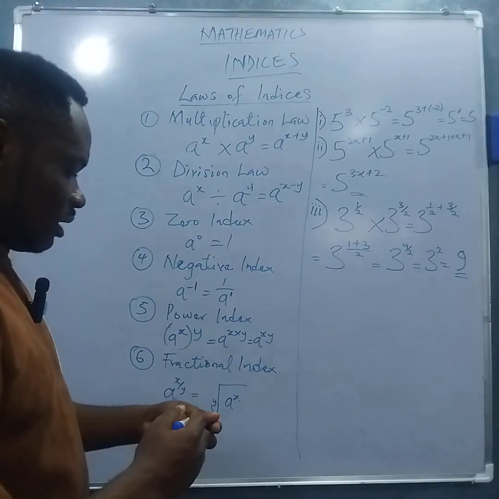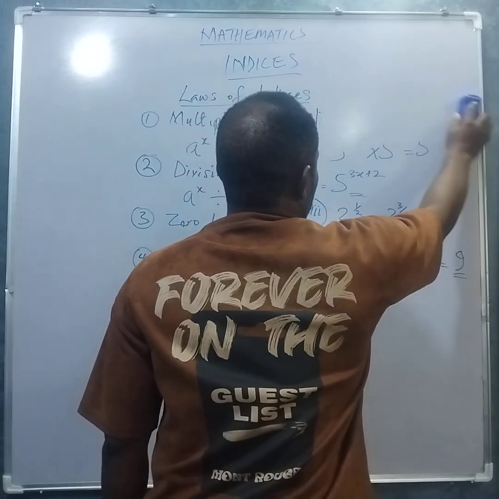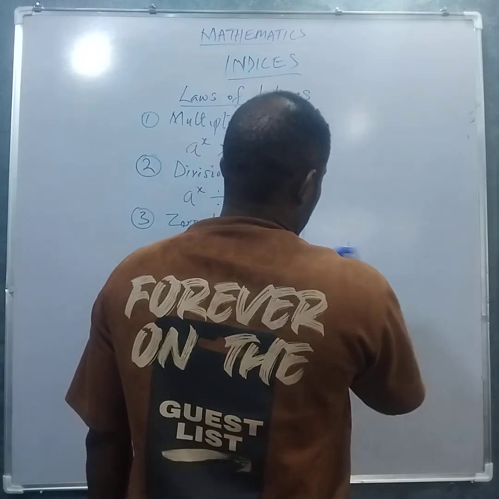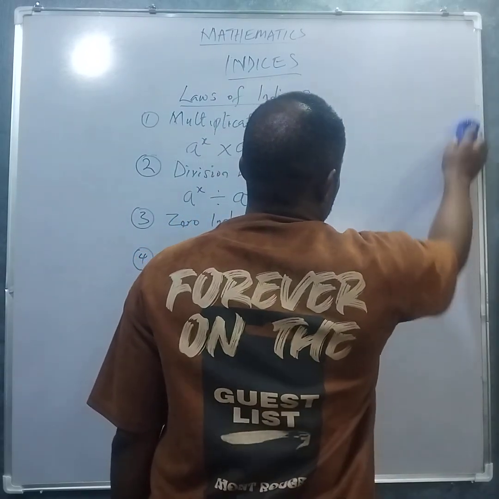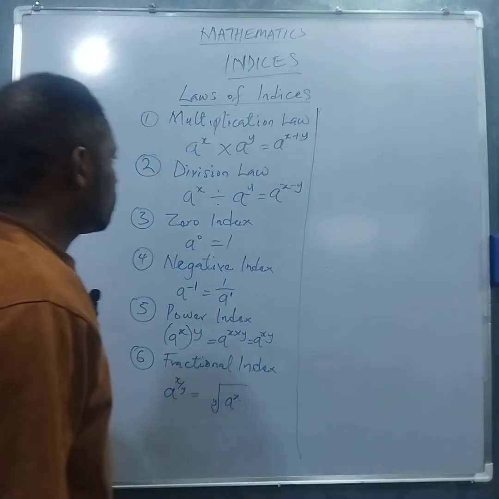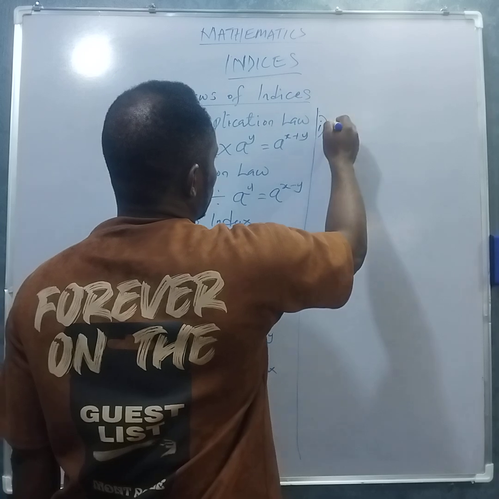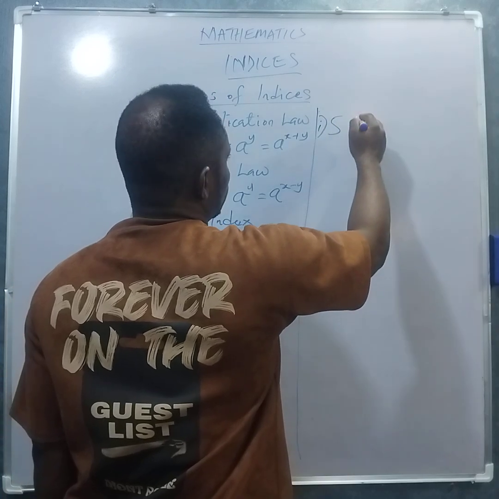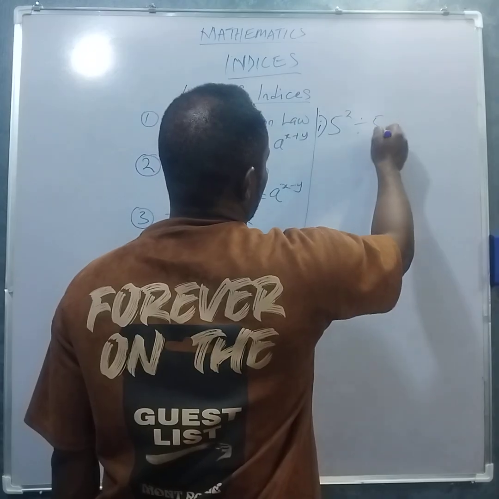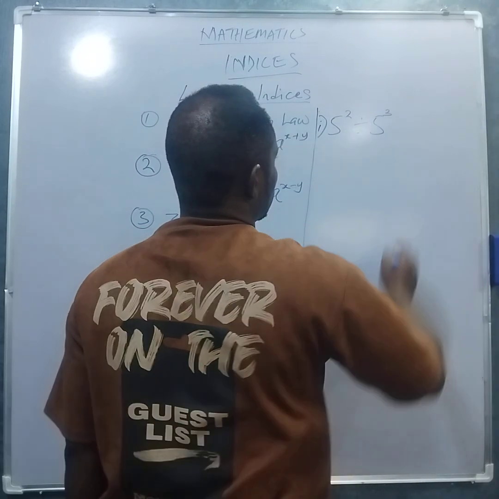Let's look at division law. When you have division law, let's look at 5 raised to power 2 divided by 5 raised to power 3.